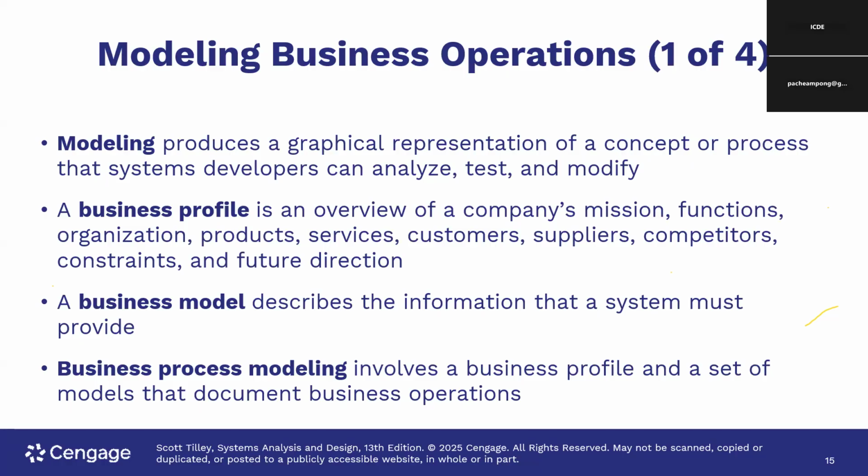Modeling produces a graphical representation of a concept or process that system developers can analyze, test, and modify. It basically has to do with the analyst taking a messy something and turning it into a clear map, like a blueprint, that a computer or a user can understand.